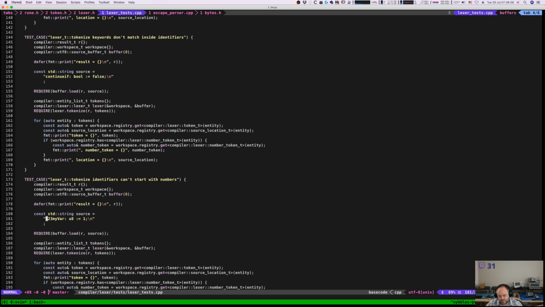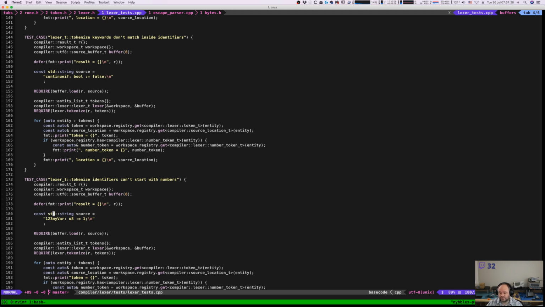So from the lexer's perspective, technically, it's doing exactly what it's supposed to do. This is coming out as a number, not as part of an identifier. So this is parsing a number, then an identifier, then an operator, identifier, operator, number, and punctuation. This actually kind of feels to me like a grammatical error, right?